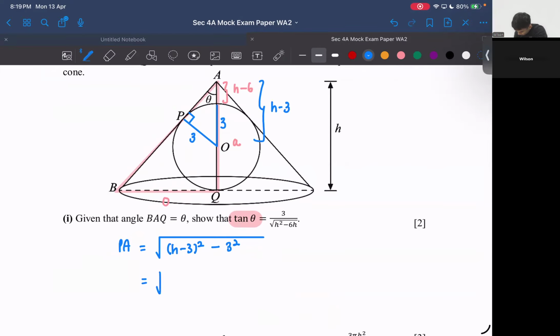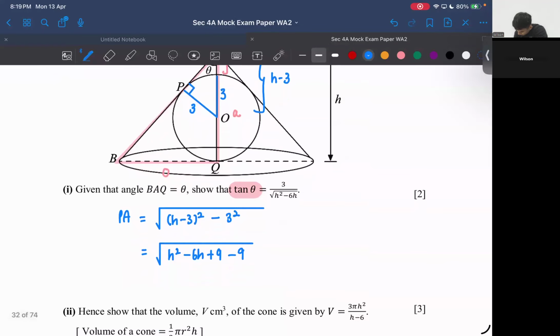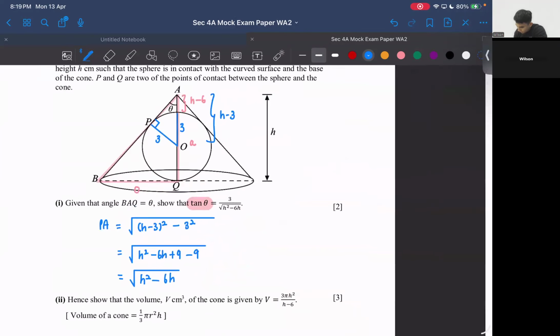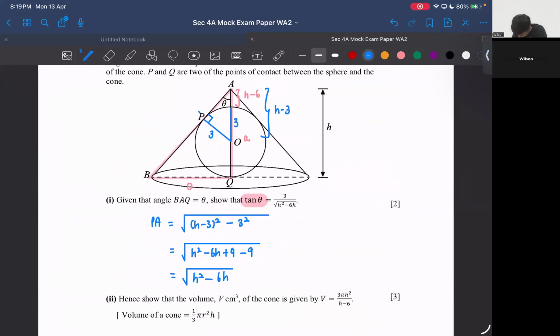So if that's the case, I expand this out. This will be H squared minus 6H plus 9 minus 9 over here. So we should have something along these lines: H squared minus 6H. Now I have an expression, this portion, square root of H squared minus 6H. So tangent is opposite over adjacent.